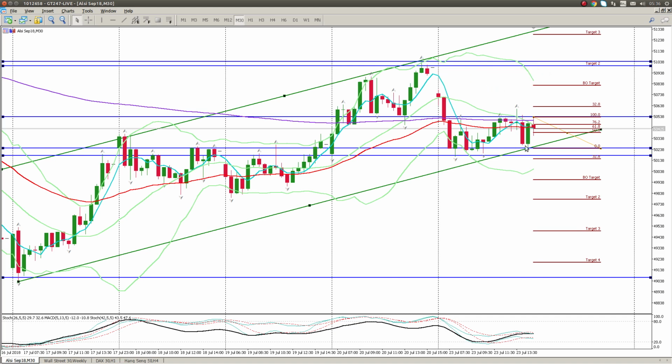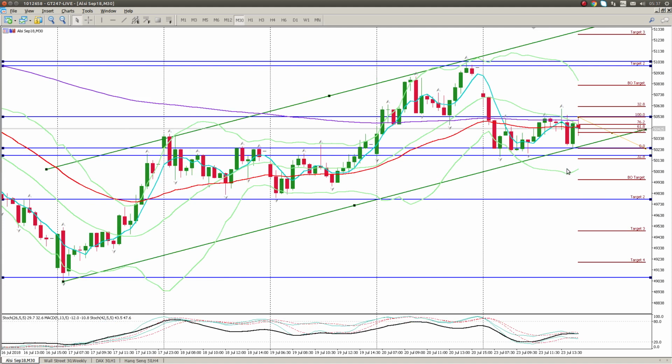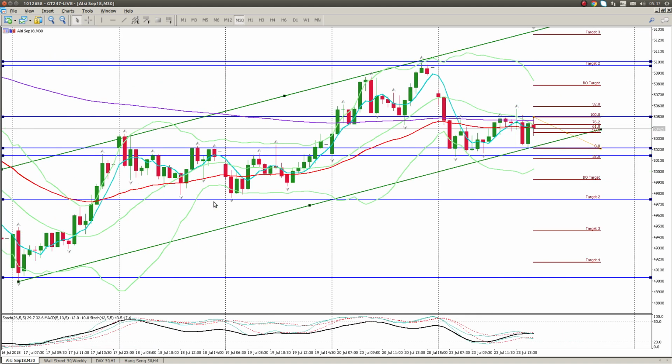If we do break the downside, then we need to clear this level convincingly, so we need to clear 50,180. If we can clear that convincingly, then you have some breaks to the downside. And if you have a look at the targets, you'll see that they do line up with some areas of support to the left. Breakout target and target number 2 both line up with support to the left.